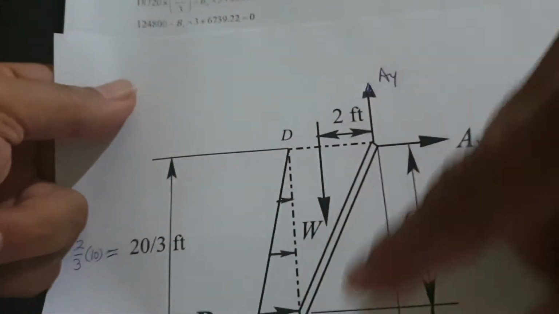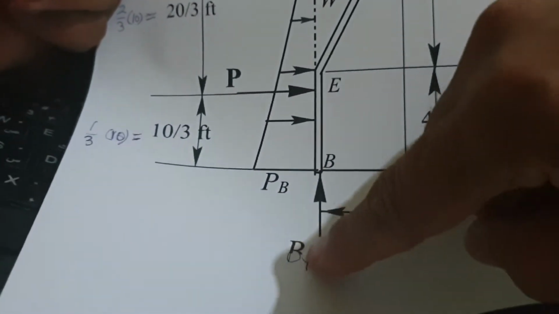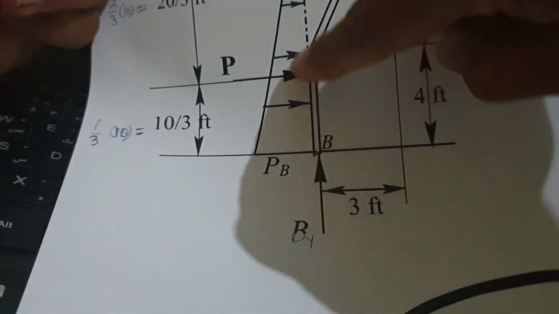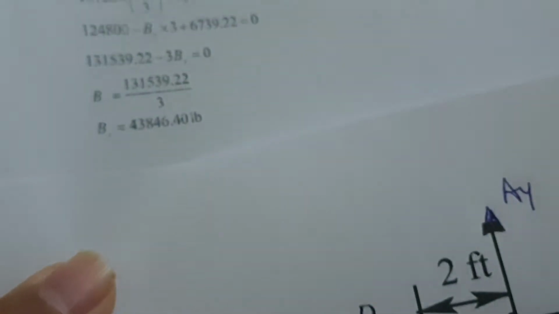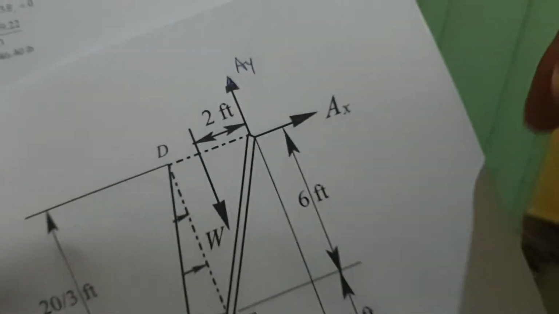Remember, moment at A, By will move the things around it like negative. By times 3, and that's negative. Minus By times 3. You will end up with By equal to 43,846.40 pounds.